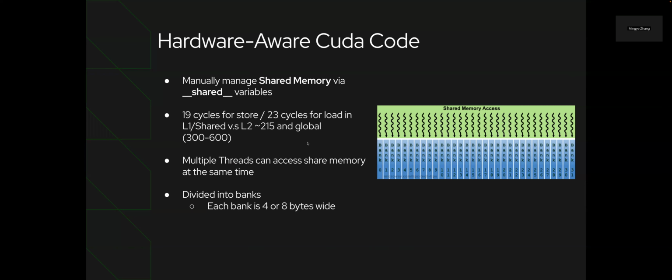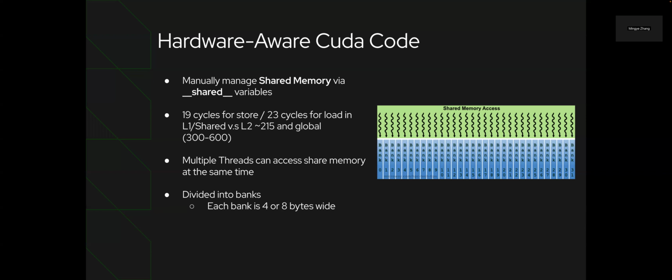So here's some more hardware detail. It takes 19 cycles for store and 23 cycles for load in L1 and shared storage, versus the L2 cache, which takes 215 instruction cycles, and global memory, which takes 300 to 600 instruction cycles. Shared memory is really a parallel memory architecture where multiple threads can access its data at the same time.